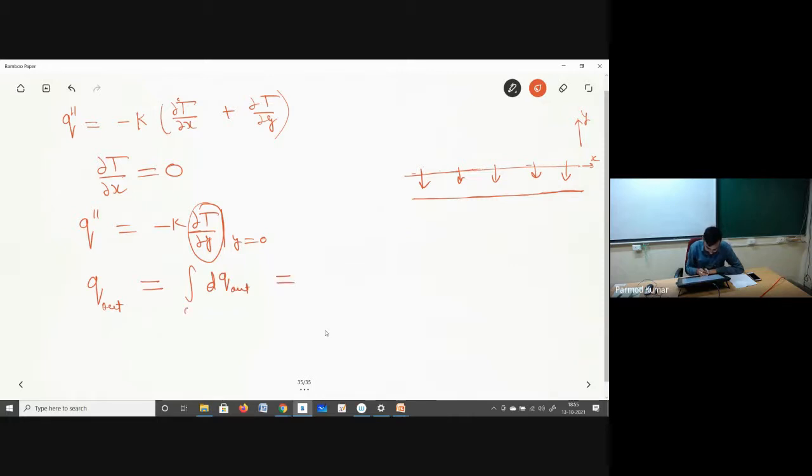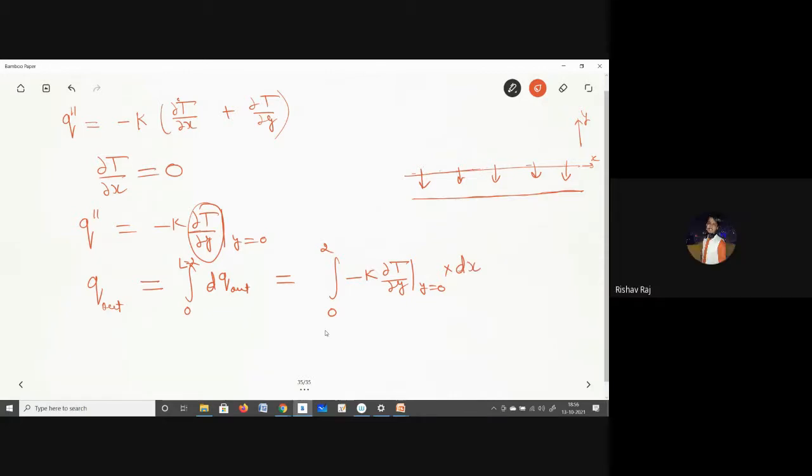And that integration will be from 0 to L, and L is equal to 2 over here. Now in this integration from 0 to 2, in place of dq, I can write minus k into del T by del Y at y equal to 0 multiplied by the area. Now if I consider unit thickness, my area will be dx. Fine. Yes, sir.